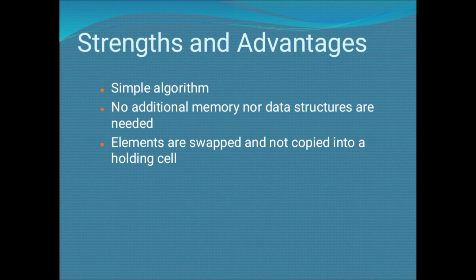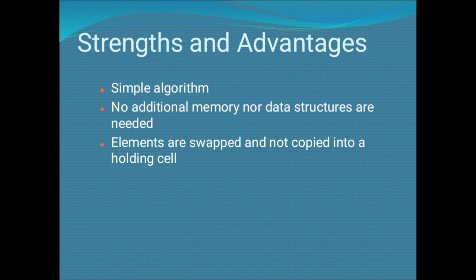Strengths and advantages: it is a simple sorting algorithm. No additional memory or data structures are needed. As I explained in my introduction, sorting is divided into two types, internal sorting and external sorting. Internal sorting means no additional memory is required during the sorting process, and in external sorting additional memory is required.